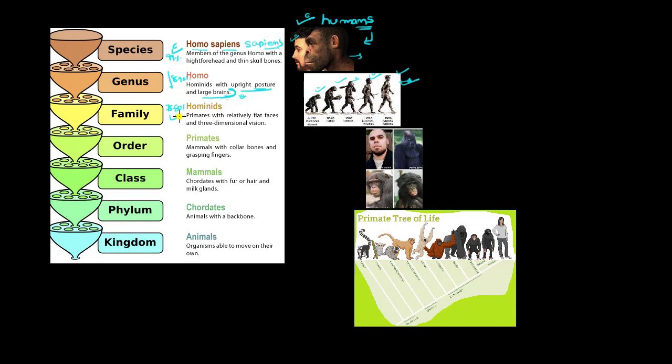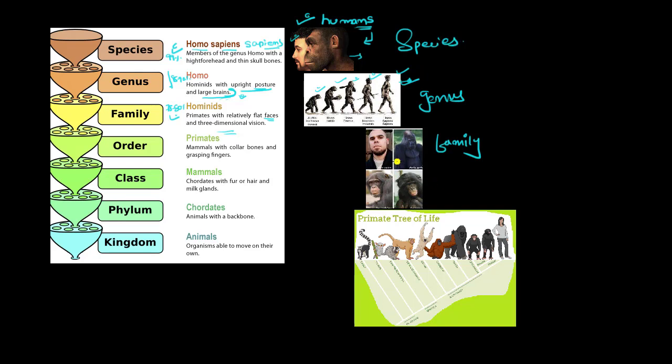So in 75 to 80% similarities, those who are primates with relatively flat faces and 3D vision are all put into one family. So this is one family. Of course, the pictures are much bigger, so it is not going to match exactly with this. Okay, so I'm going to write again. This is the same genus. This is the same species. Clear?